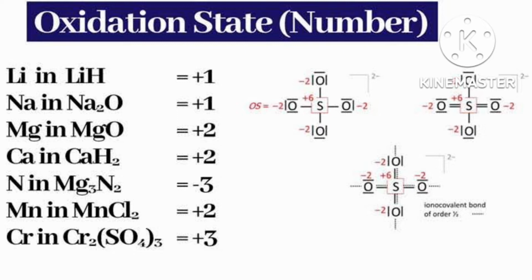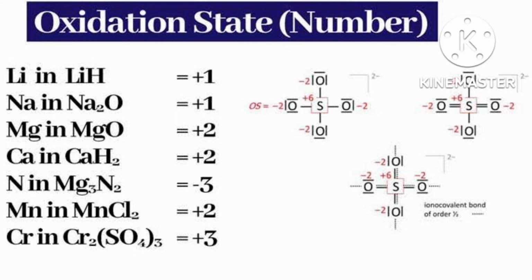Now come to sodium oxide. In Na2O, it is very clear. Sodium can lose 1 electron each and oxygen can take those 2 electrons, because oxygen lacks 2 electrons. In Na2O, oxygen being more electronegative accepts 2 electrons, one from each of the 2 sodium atoms.